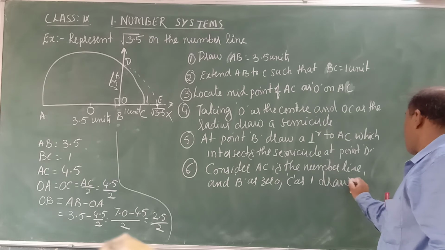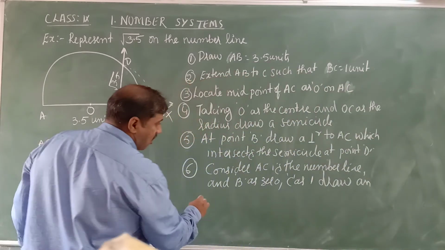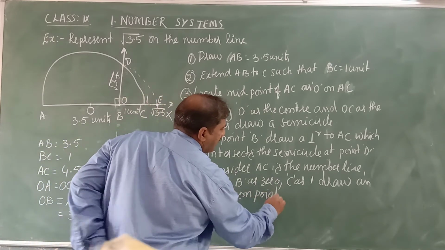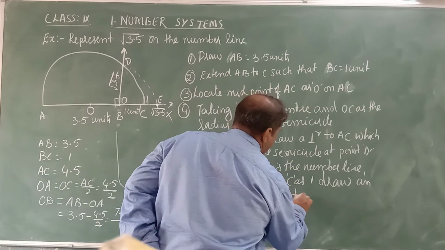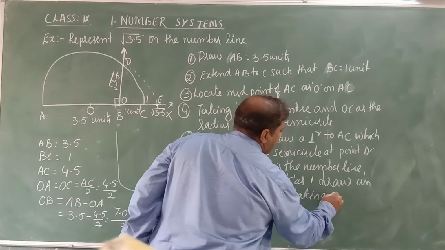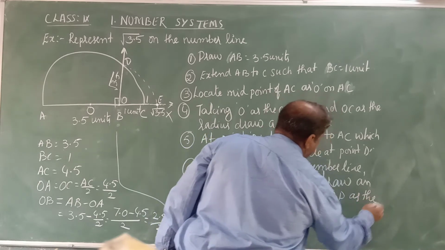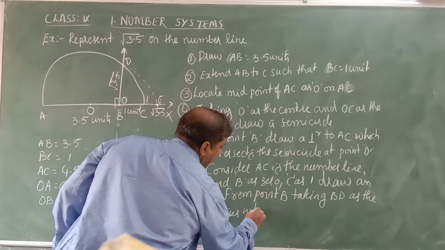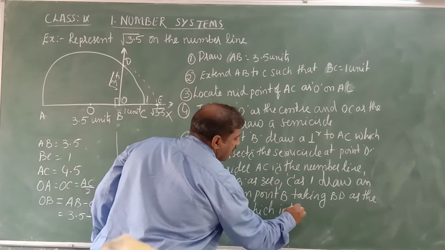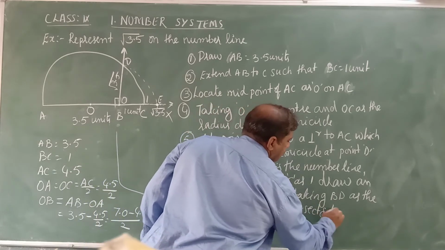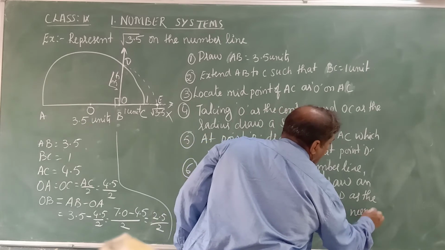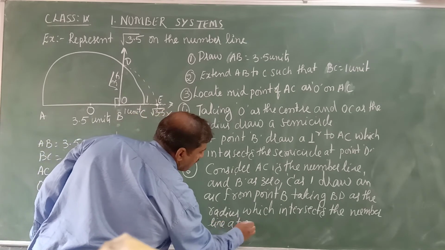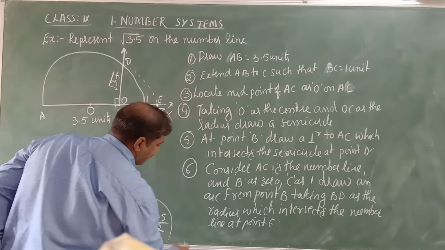Draw an arc from point B, taking BD as the radius, which intersects the number line at point E, 7th step.